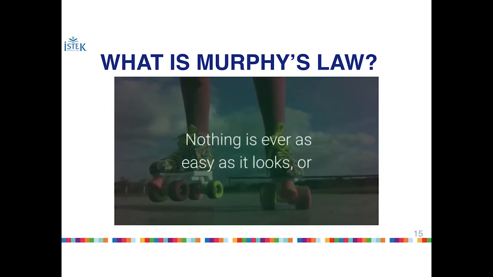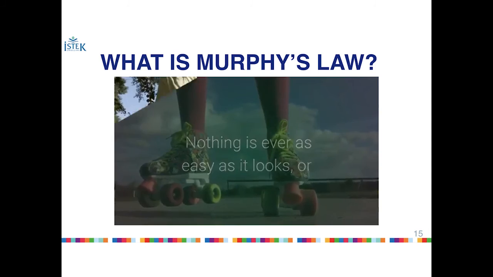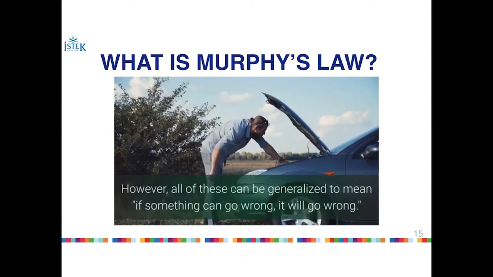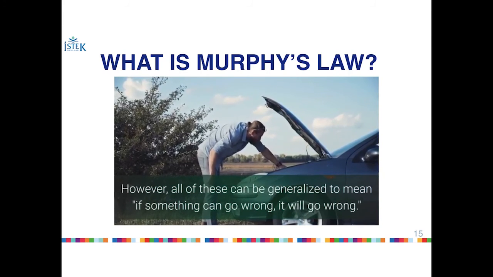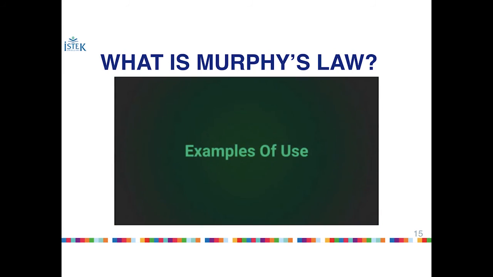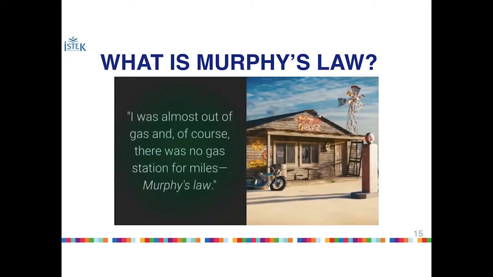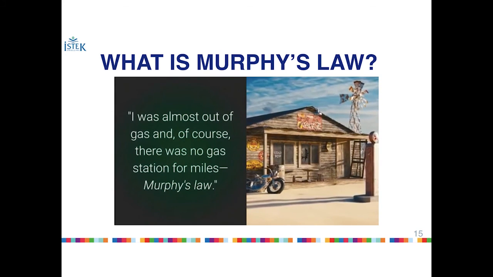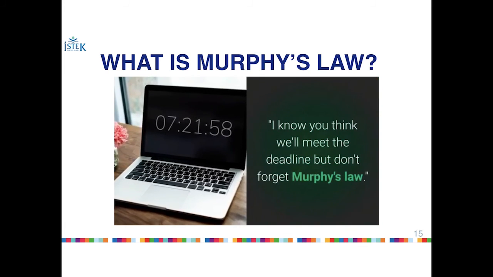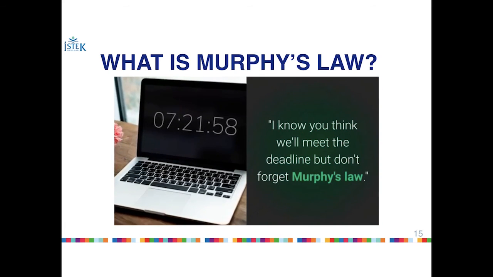For example, nothing is ever as easy as it looks, or everything always takes a lot longer than you think it will. However, all of these can still be generalized to mean if something can go wrong, it will go wrong. Examples of use. I was almost out of gas and of course there was no gas station for miles. Murphy's Law. I know you think we'll meet the deadline, but don't forget Murphy's Law.